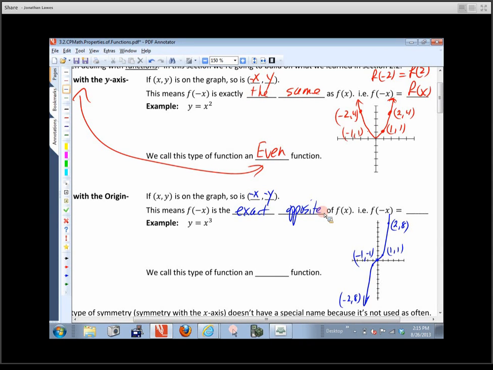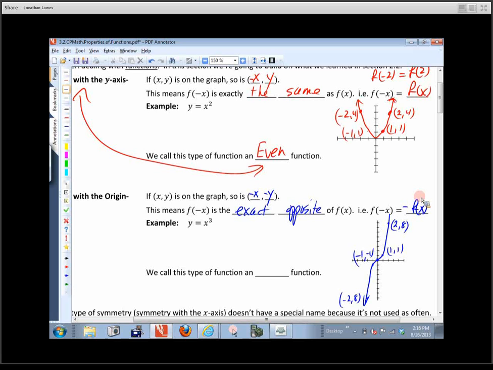How could I say it here? Now here we said f of negative x is exactly the same as f of x. I'm expecting the opposite. How could I say that? I'm expecting the exact opposite of what I got when I plugged in an x. Negative f of x. Very good. Okay, that's what it is.